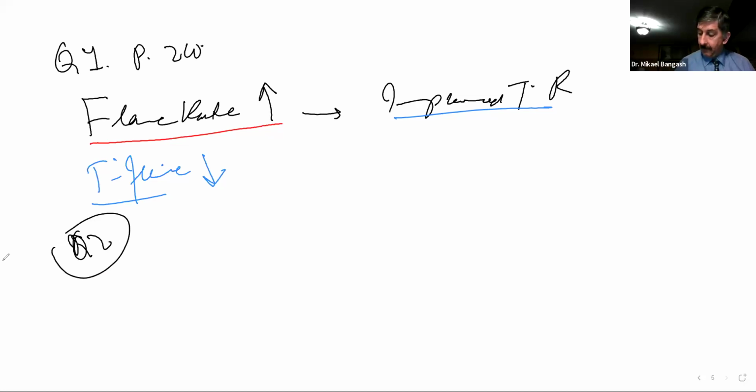Number 2, which of the following is consistent with improved temporal resolution?